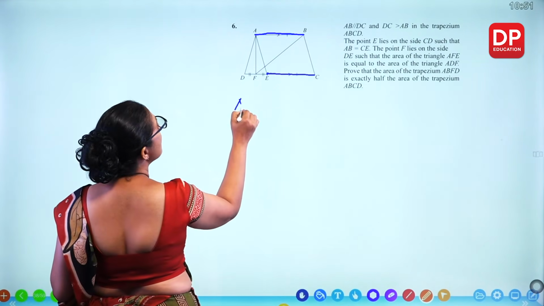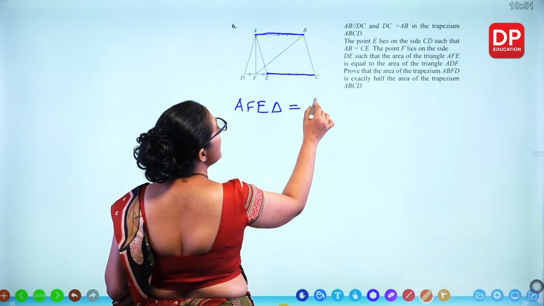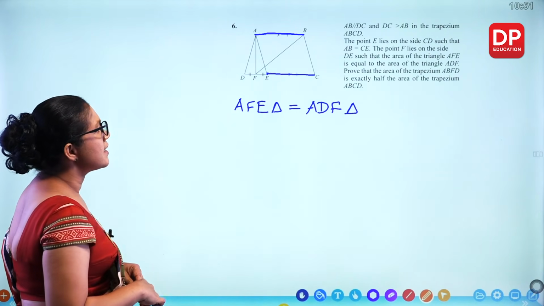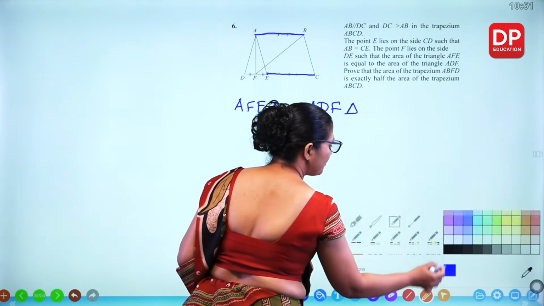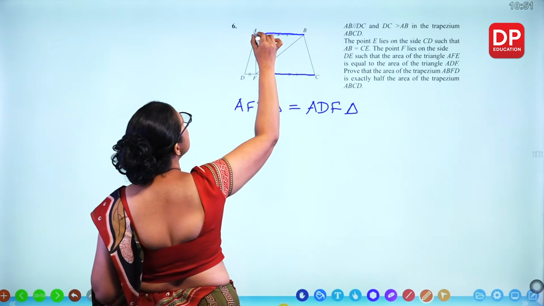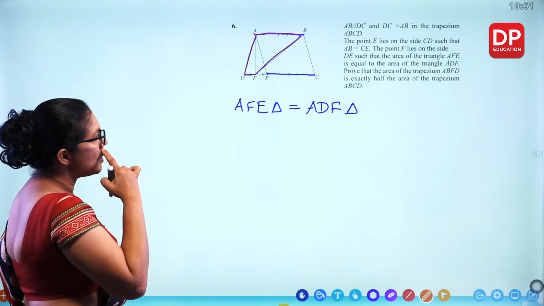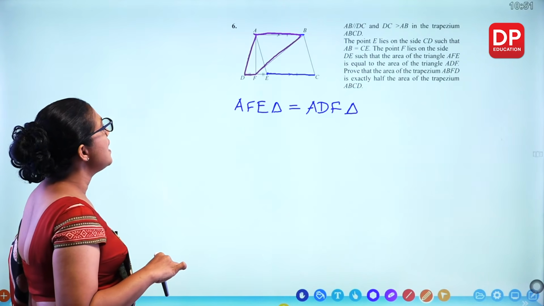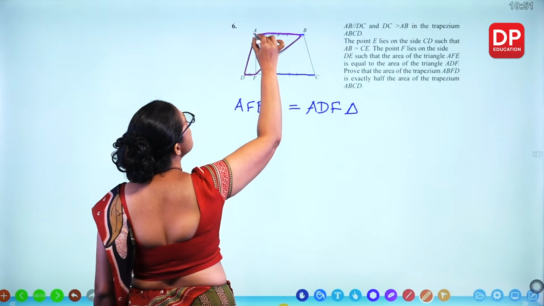That's already given. Prove that the area of trapezium ABFD is equal to half of the area of the trapezium ABCD. Half of this bigger one.